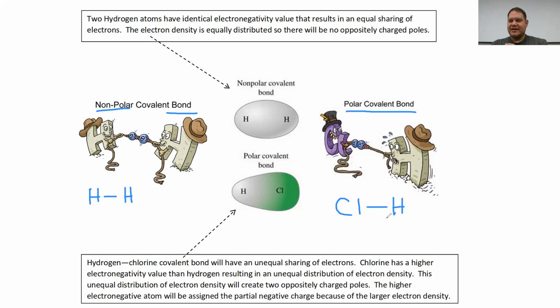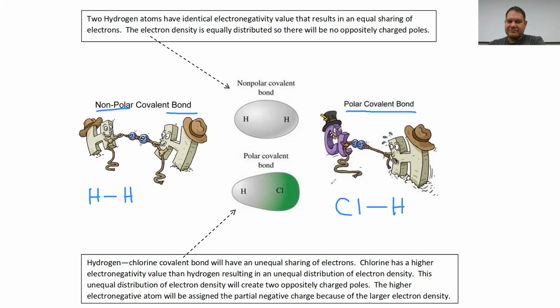But in a polar covalent bond, because of the unequal sharing, there's going to be an unequal balance of negative charge. So because the chlorine in this tug of war match is winning, it's going to have more negative charge more often than hydrogen.